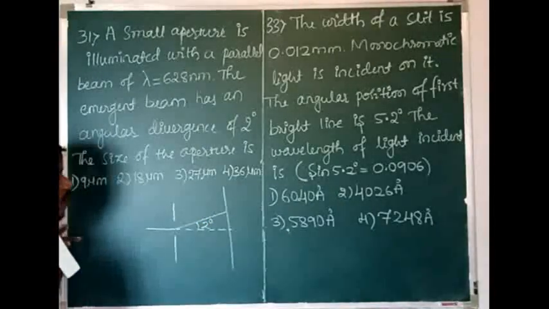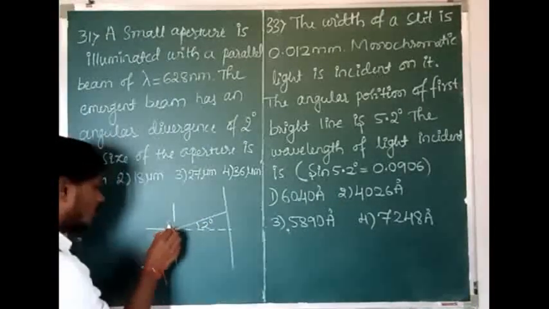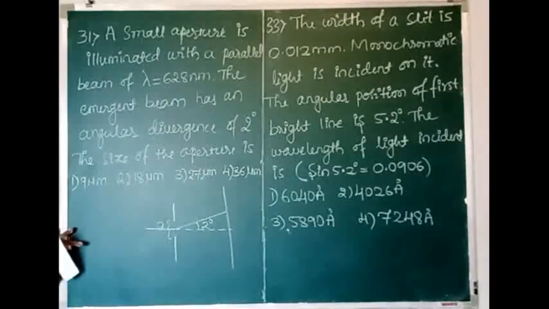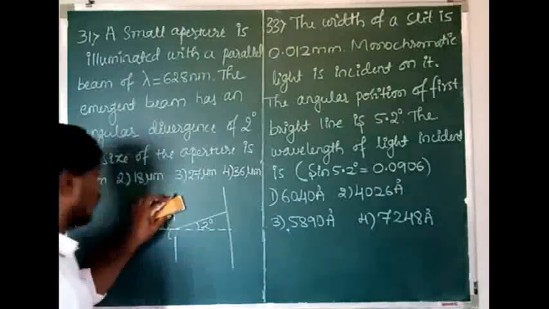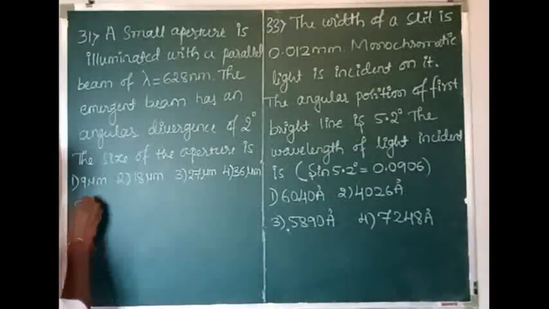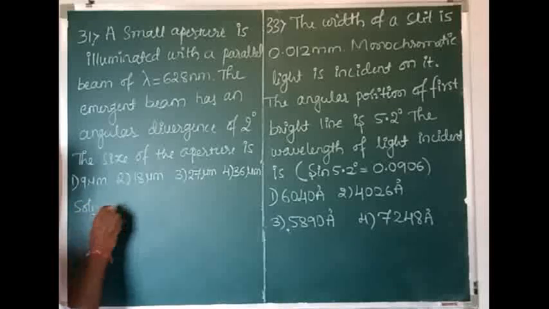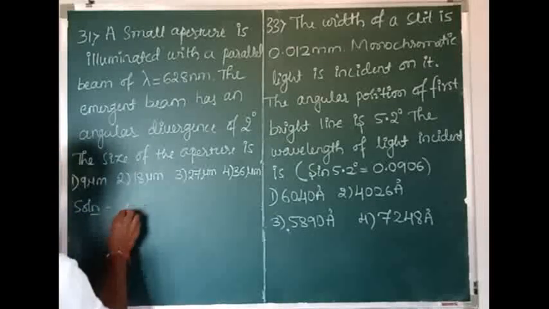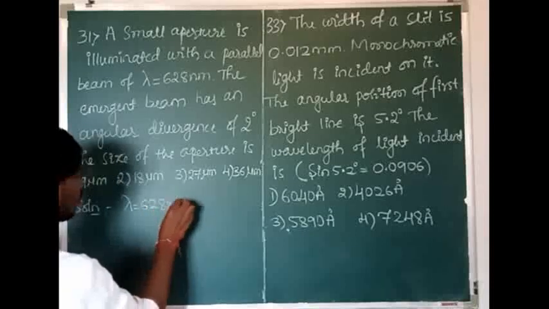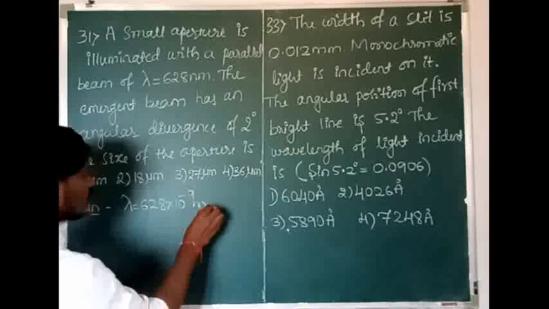Okay, so what do we have to find now? We have to find the size of the aperture, that is a. How to determine the size of the aperture? Okay, so solution. First we are going to write the given values. What is given here? Lambda is given, that is 628 nanometer, means 628 into 10 to the power of minus 9 meter.